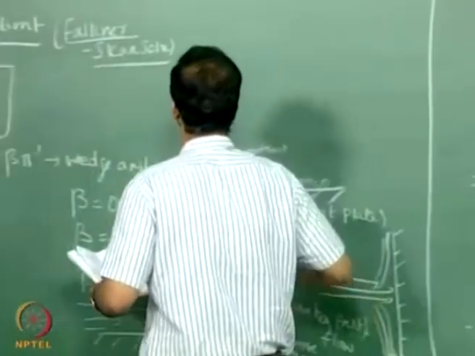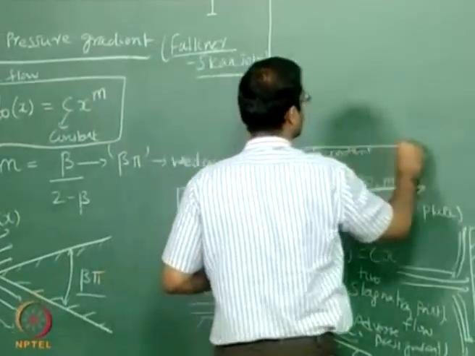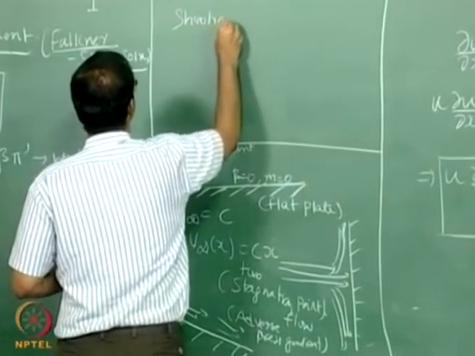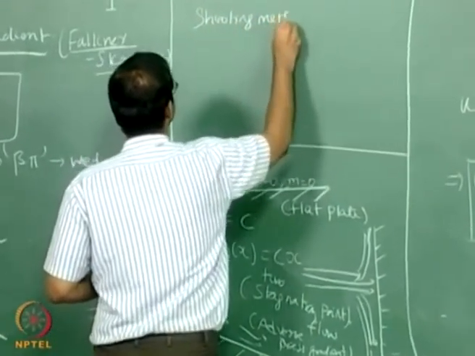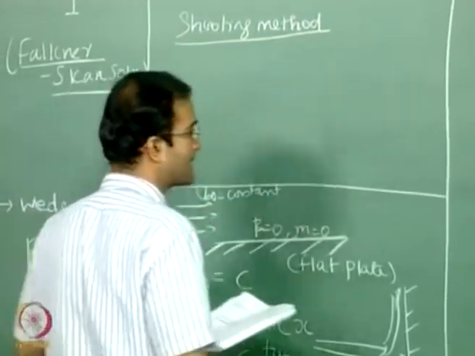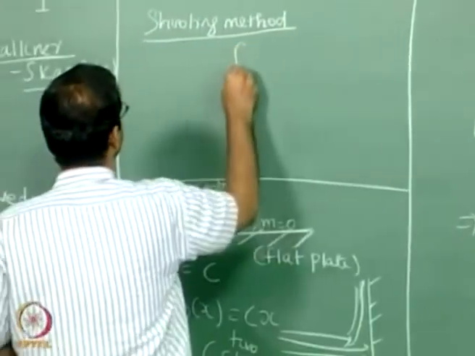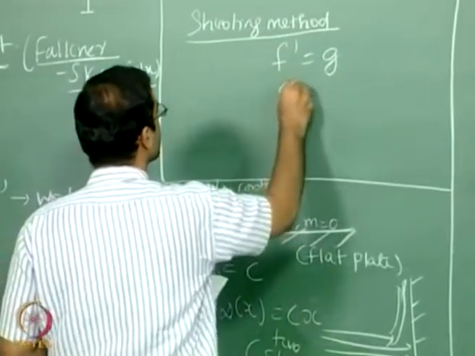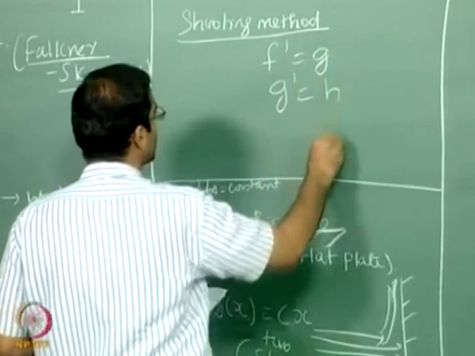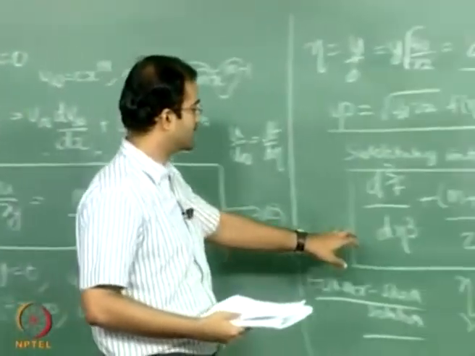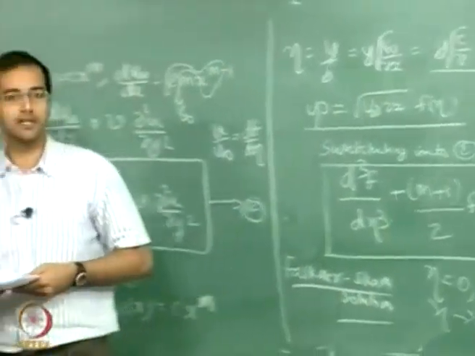Or maybe I can write it here. So the first ODE will be what? F prime equal to G. Second ODE will be G prime equal to H. And what is the third ODE? You substitute in terms of F, G and H here.